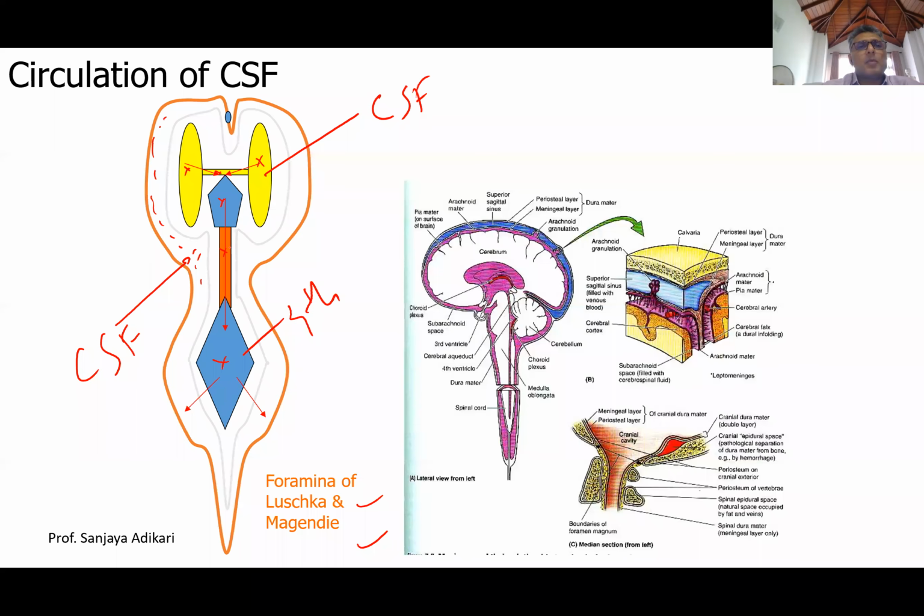And they get absorbed back into the blood circulation, the venous system, at the top here. In relation to your falx cerebri, in the longitudinal fissure, there are structures called arachnoid granulations. Can you see? So this is the subarachnoid space, and this is venous blood in a vein that is called the superior sagittal sinus.